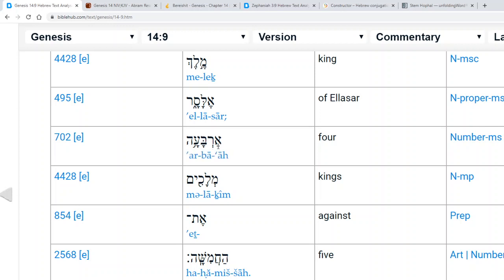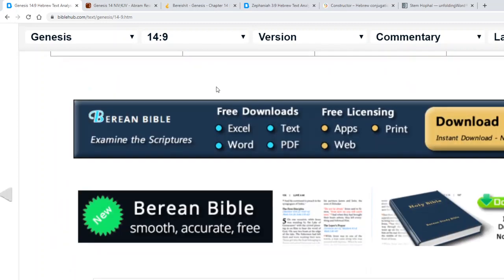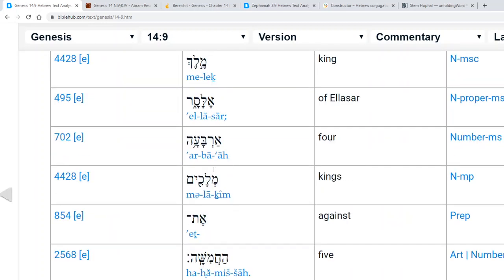Arba Melachim, or it wouldn't have the hey, right? Melachim et hachamisha, against this I would say is the preposition, not the direct object marker, because there's no verb for that to be the direct object marker. Okay, yeah. Et hachamisha, 4 kings on 5.